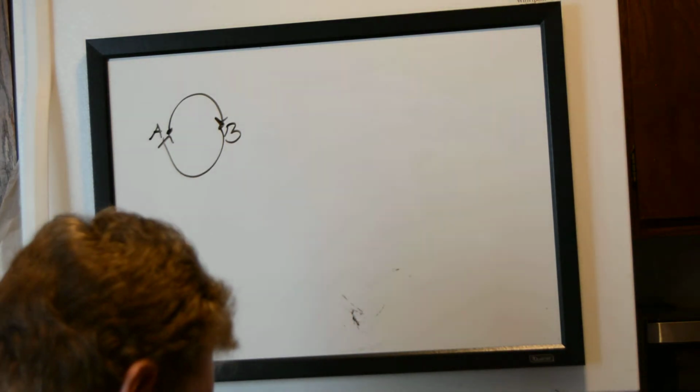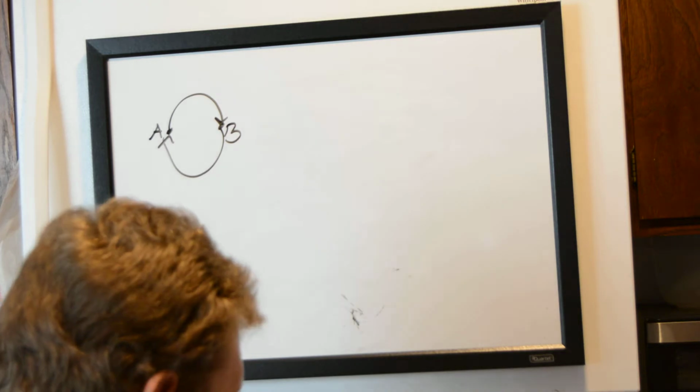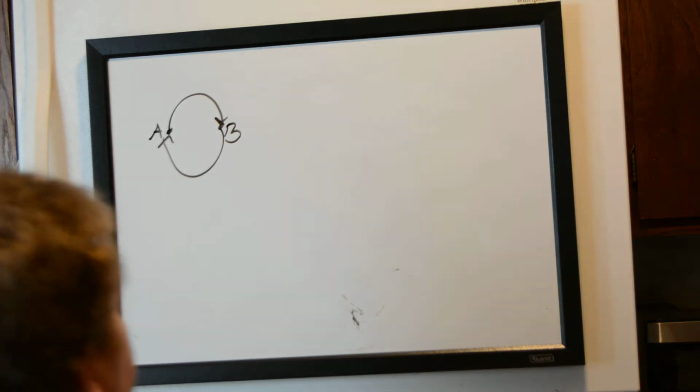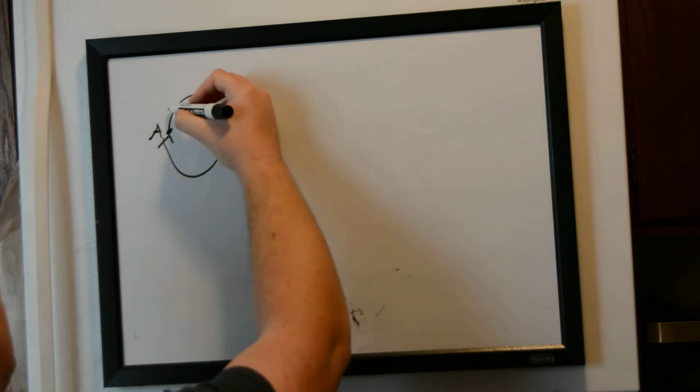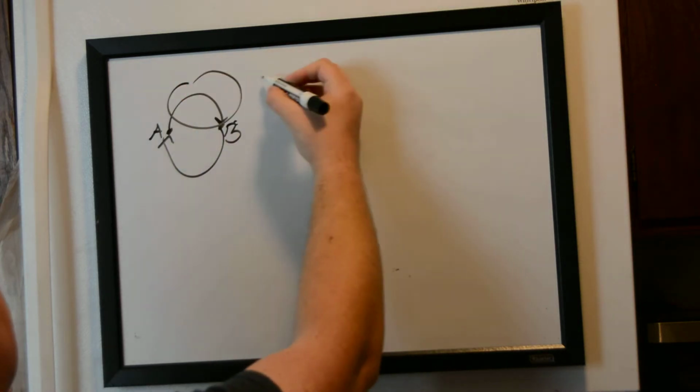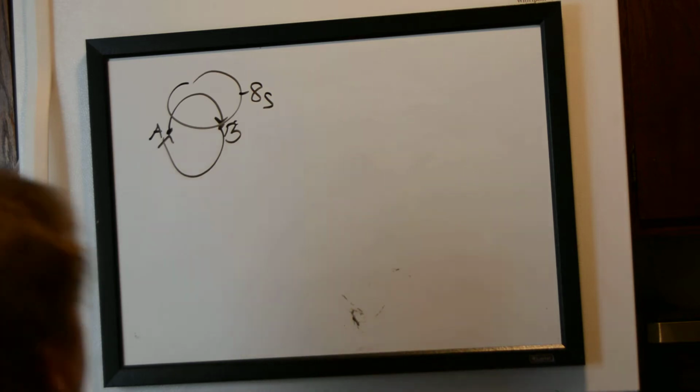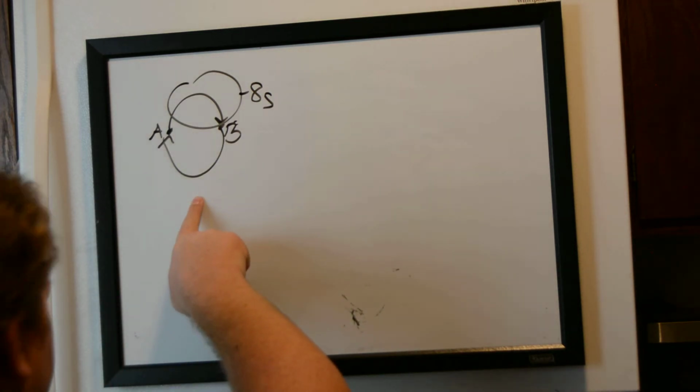And we know from the question that it takes us 0.8 seconds to get to point B right here. So right here, this whole section takes 0.8 seconds, and that is half of our period.